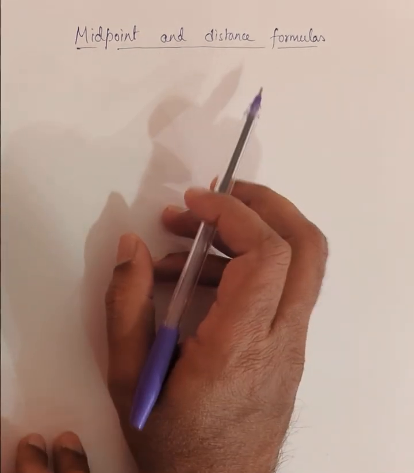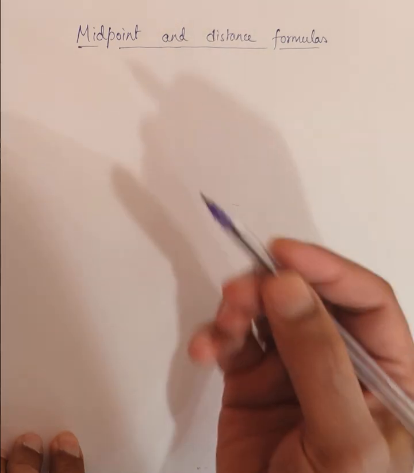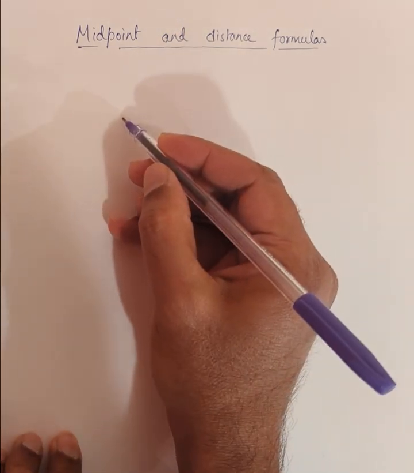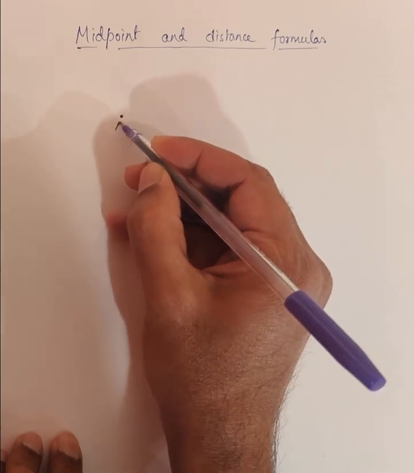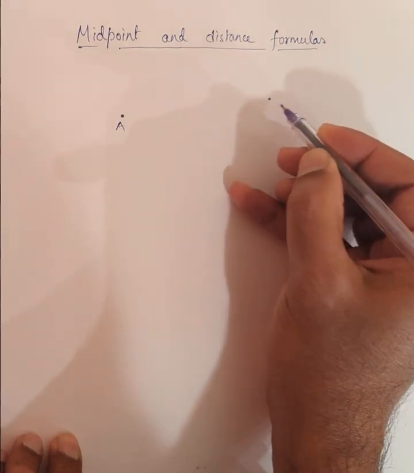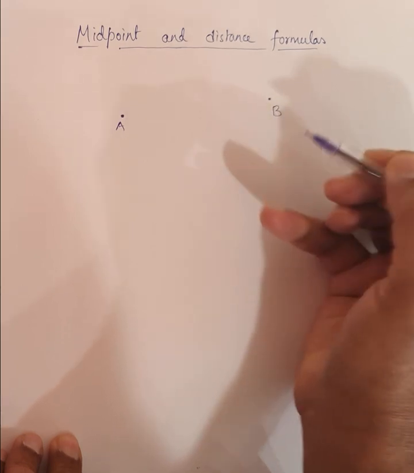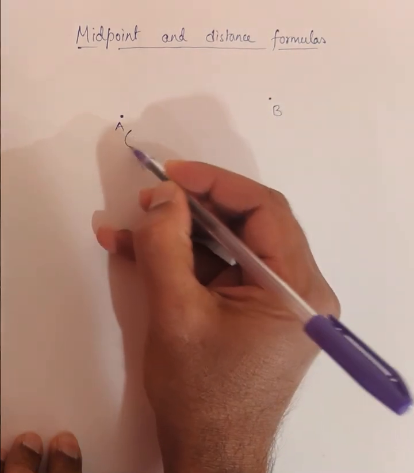Midpoint and distance formulas. If you are given 2 points in the xy plane, so say point A and point B. Now every point has 2 coordinates, an x coordinate and a y coordinate.